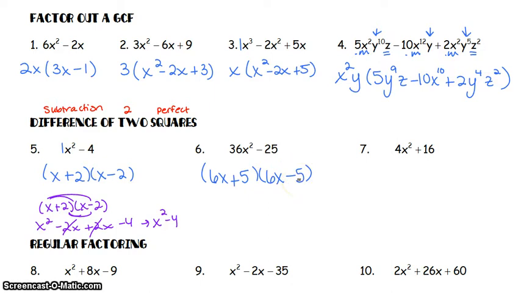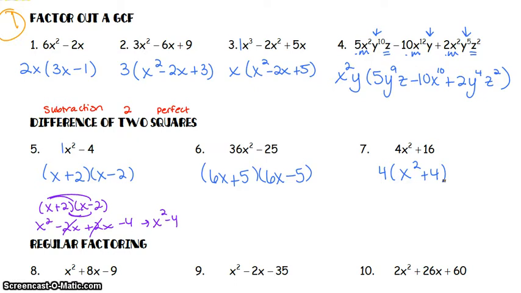We look at number 7. And even though we didn't do it in 5 and 6, the first step of factoring, no matter what, is GCF. So we look and they do share a common number. That's 4. So I pull out that 4, and I'm left with 4 times x squared plus 4. There's a problem.